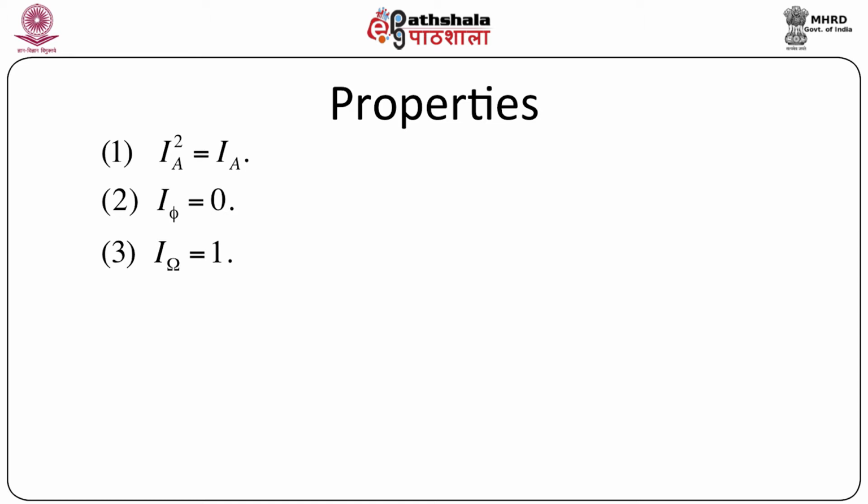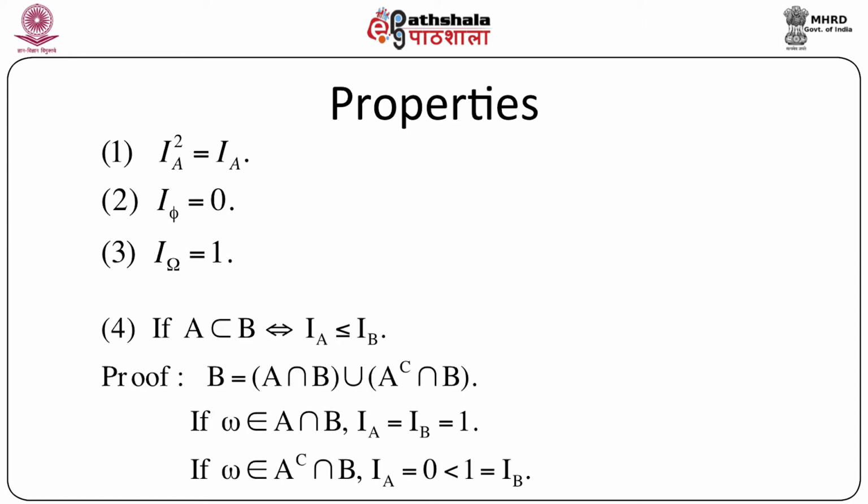Now what about slightly more complicated things, but ultimately it will come out to be very simple. If A is a subset of B, this implies and is implied by I_A less than or equal to I_B. The proof is extremely simple, just following the standard notations of results in set theory.